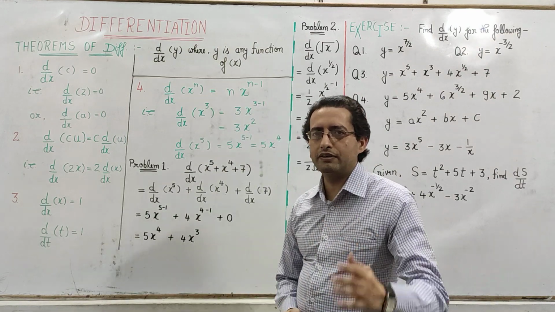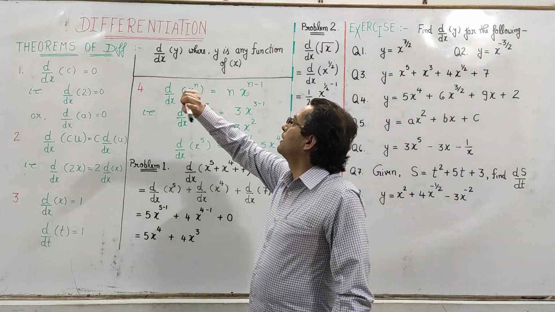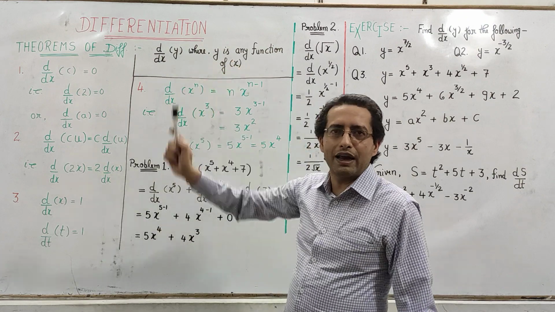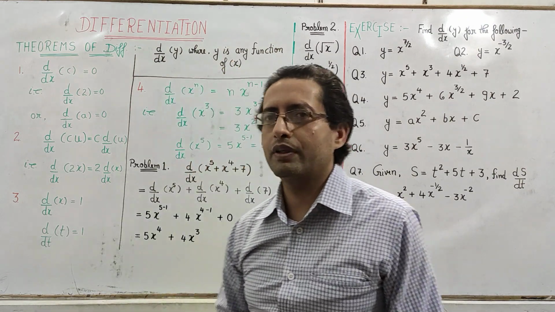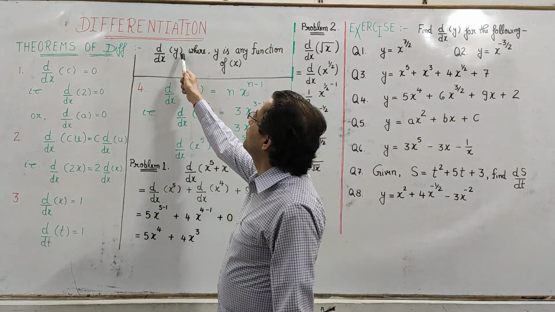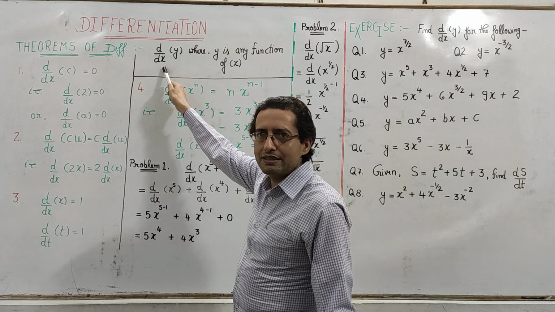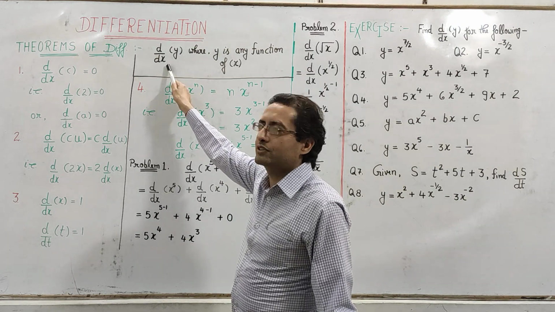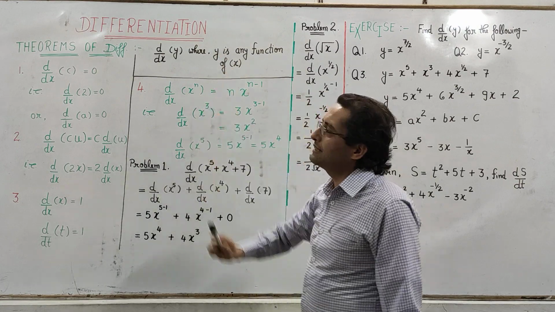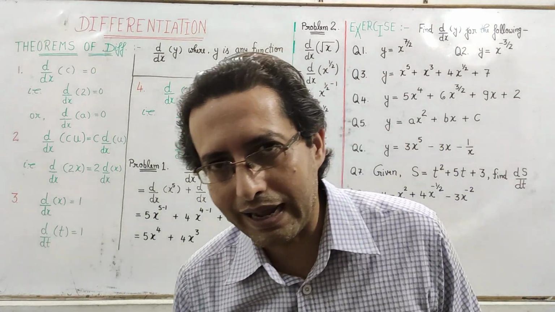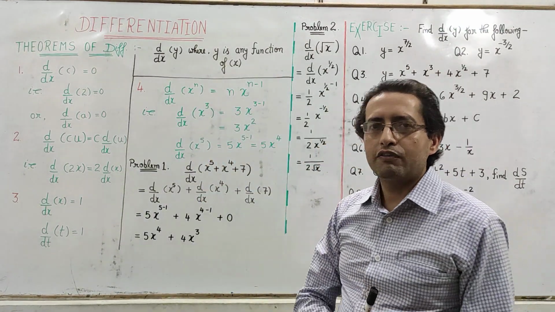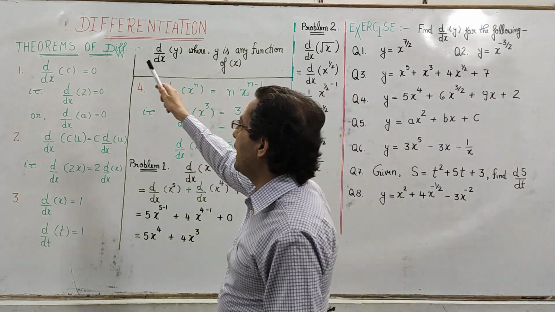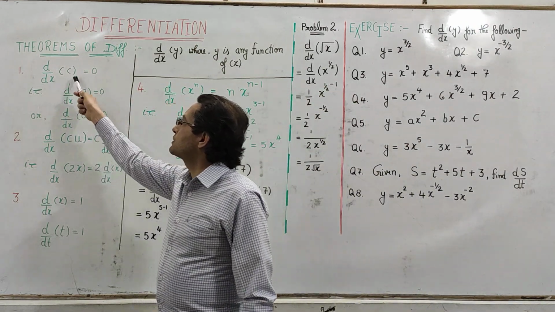Differentiation is represented with d over dx, and any term y is differentiated here. We will say that y is going to be differentiated with respect to x, where y is any function of x.